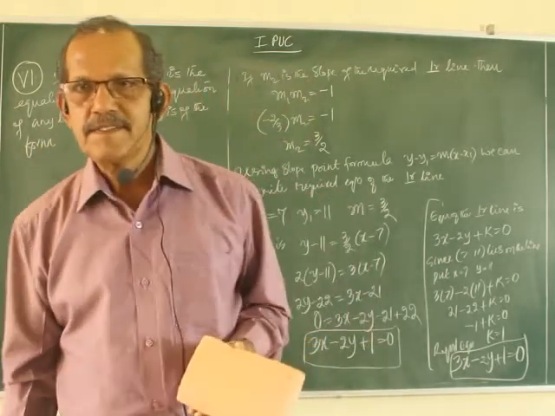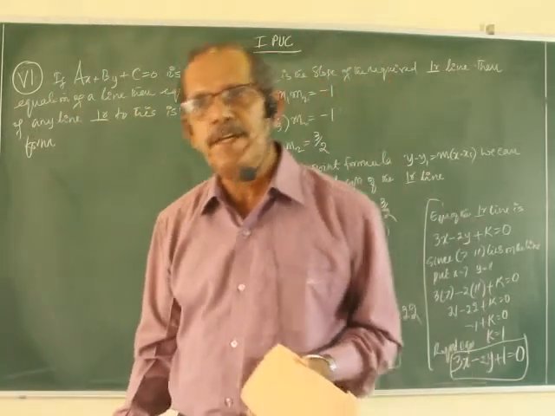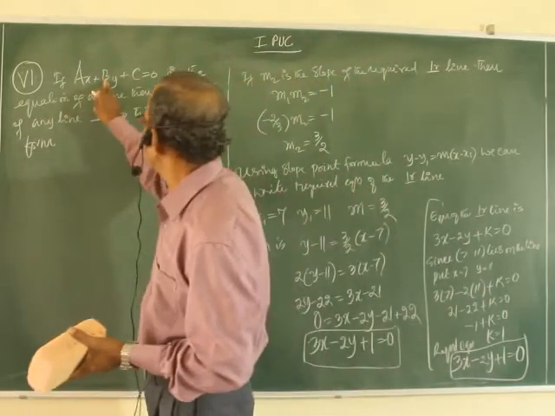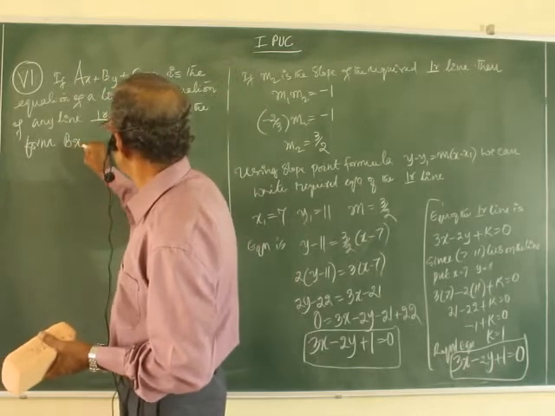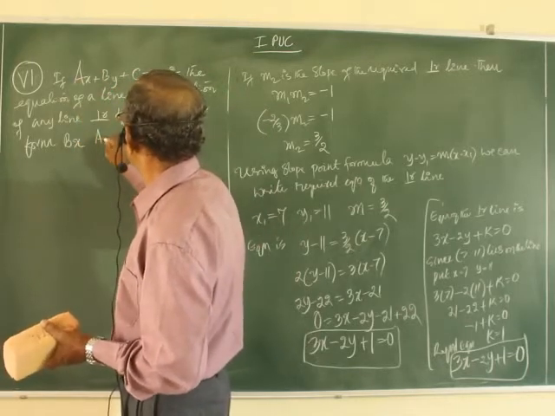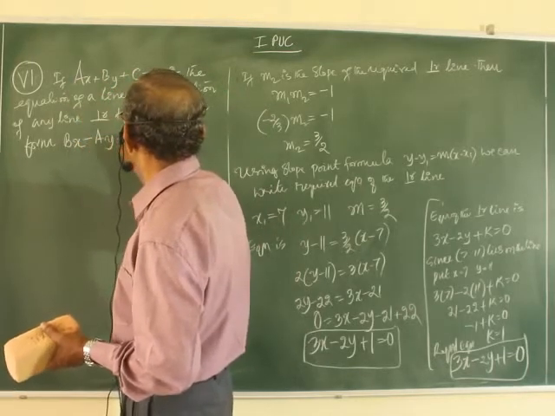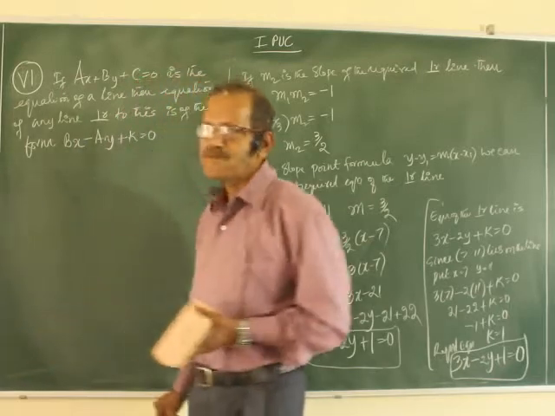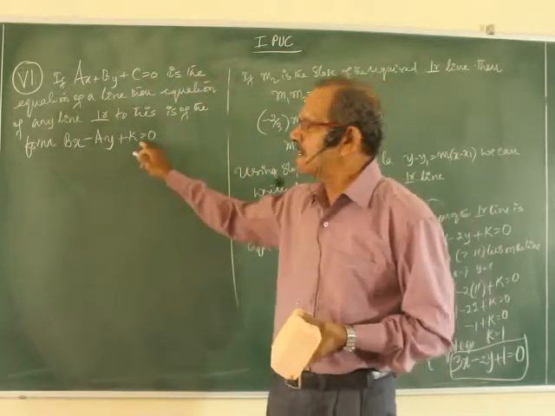Perpendicular line. Parallel you have to write ax plus by as it is. But here remember, b should be given to x, a should be given to y with the opposite sign. How to find k? Same procedure.